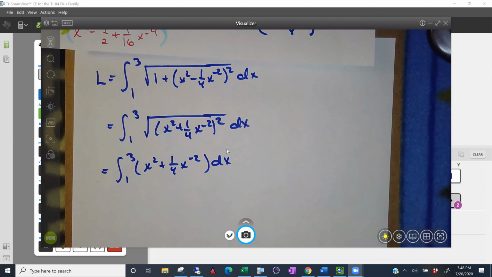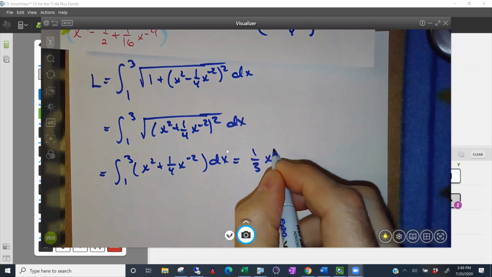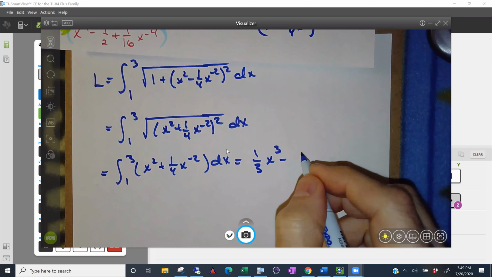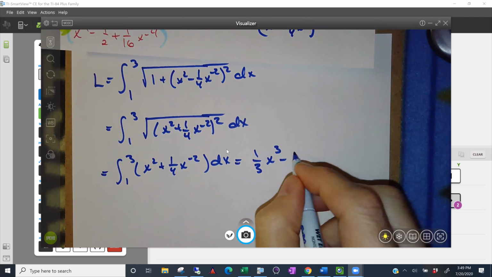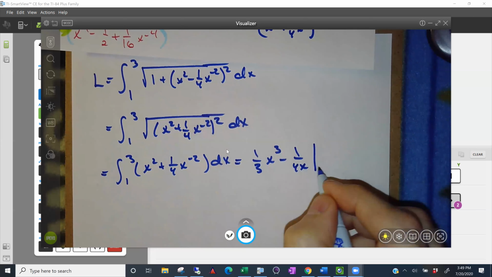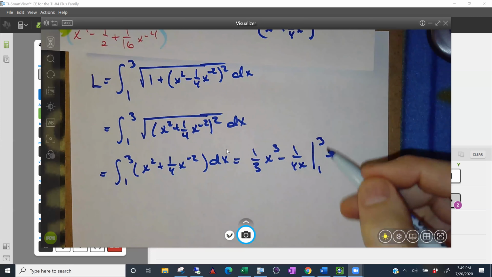Awesome. And so when I find the antiderivative of that, I'll end up with 1/3 x cubed minus 1/4 x between 1 and 3. And I trust that you can finish this up from here.